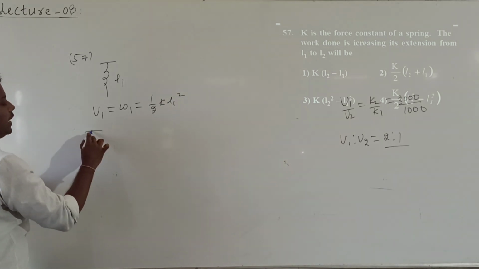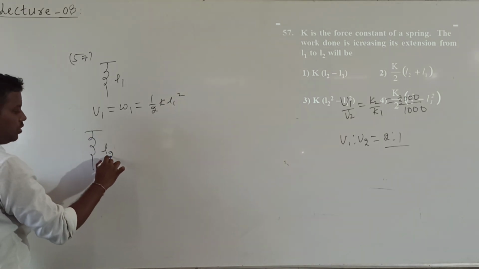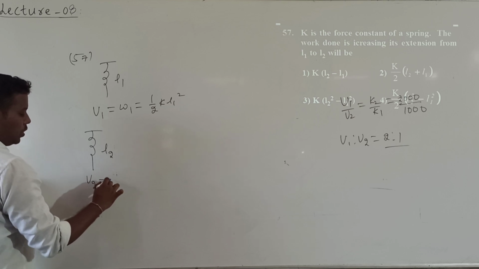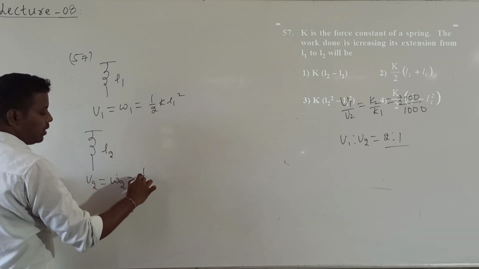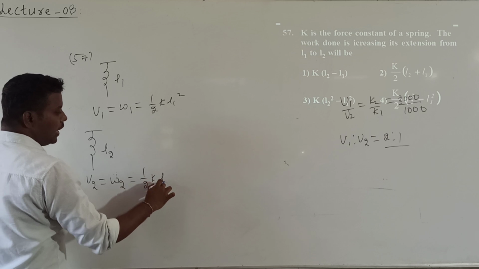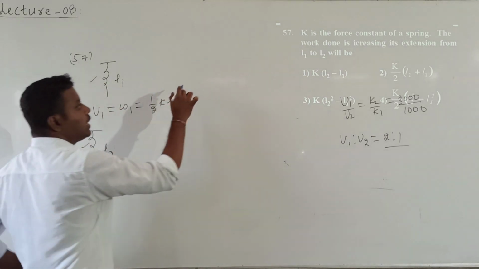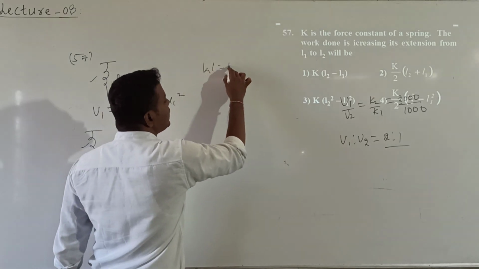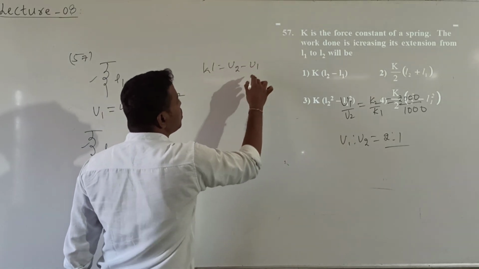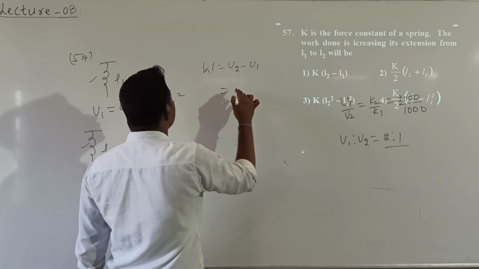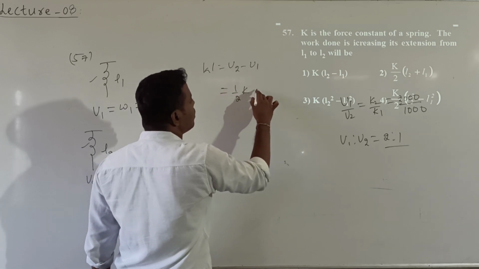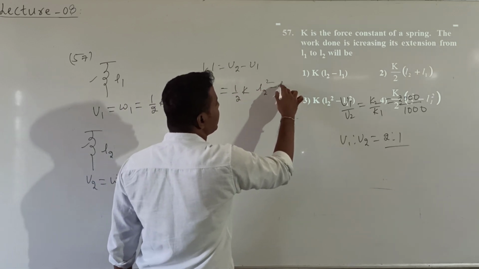Finally, when the length is L2, the final potential energy U2, which is W2, is equal to half into K into L2 square. To elongate from L1 to L2, the work done is equal to the change in potential energy, which is U2 minus U1, equal to half into K into L2 square minus L1 square.